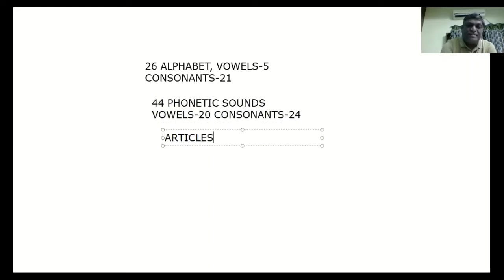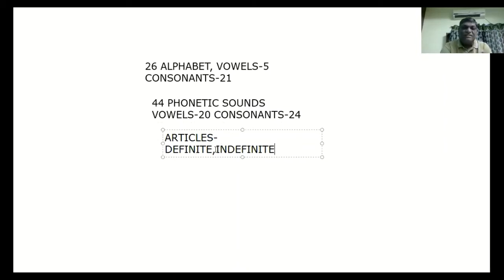How many articles do we have? 2 articles we have. One is definite, the other is indefinite. From the word itself, we can clearly understand indefinite means not particular, general. So, what are the definite ones?